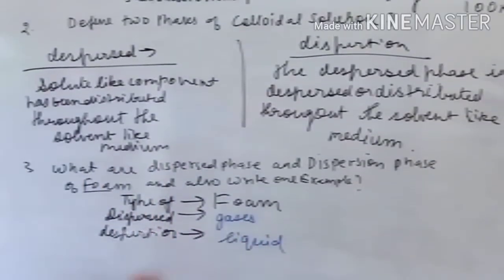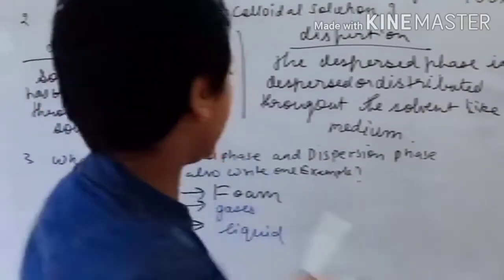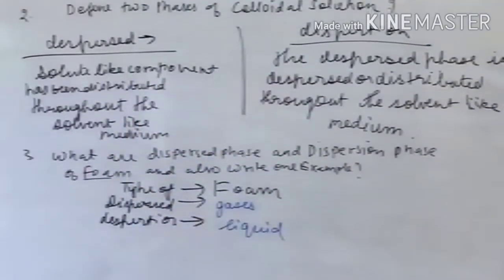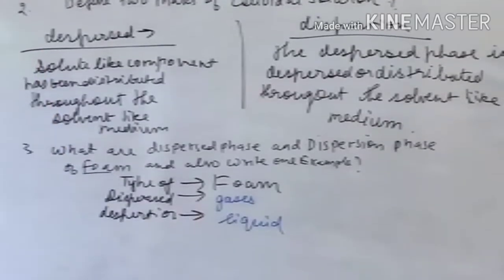Dispersed phase is gas, and dispersion medium is liquid. So the type of colloid is foam, dispersed phase is gas, and dispersion medium is liquid. So we have done 3 questions of 5.